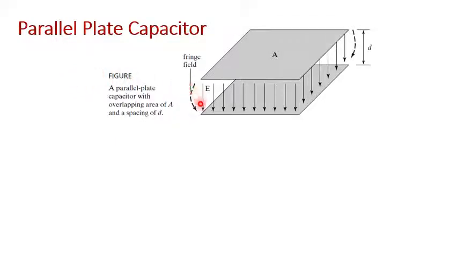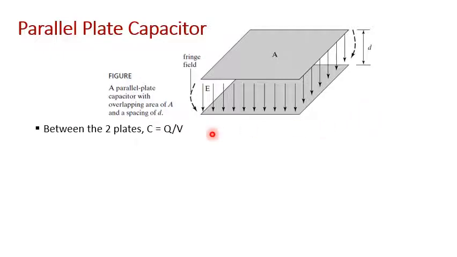This figure shows a parallel plate capacitor. So you have two conducting plates, each having an overlapping area of A, and let D represent the distance between the two plates. The dielectric constant or the permittivity of the media between the two plates is denoted by epsilon, where epsilon equals epsilon naught times epsilon r, where epsilon naught is the absolute permittivity and epsilon r is the relative permittivity.